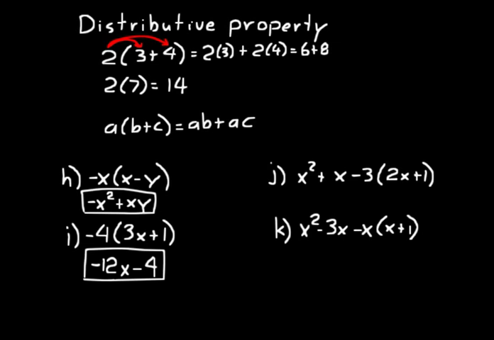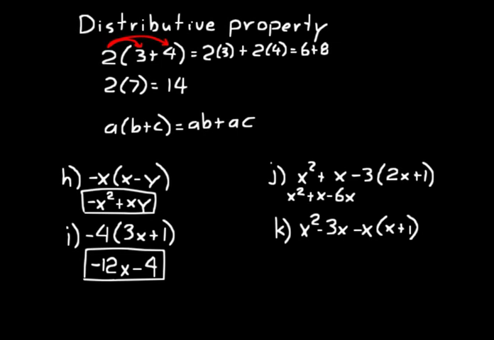J, we have x squared plus x minus 3 times 2x plus 1. So we need to do the distributive property, or in other words, expand minus 3 times 2x plus 1. Sometimes that's what that is called. When we use the distributive property, we're expanding that relationship. Let's do that first. X squared plus x minus 3 times 2x would be a negative 6x.